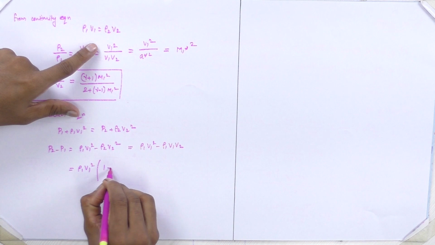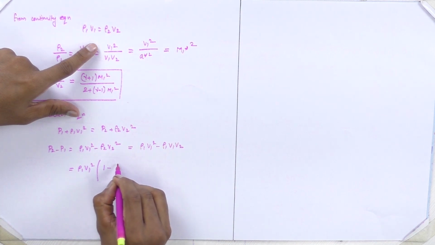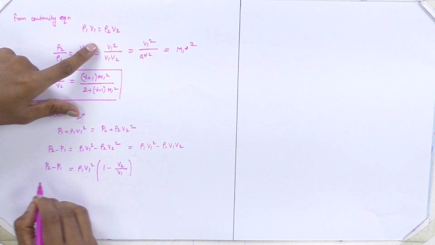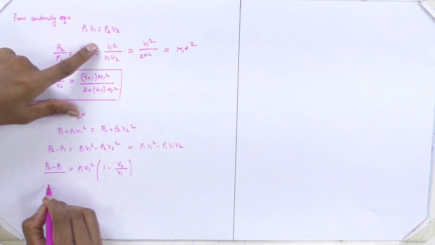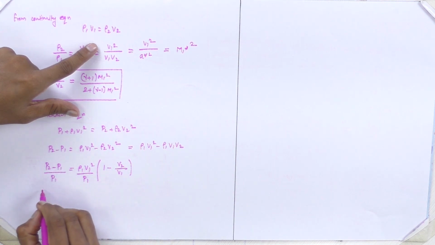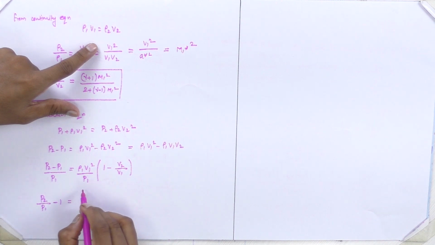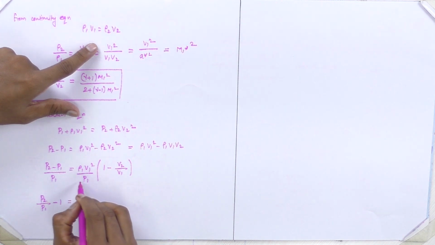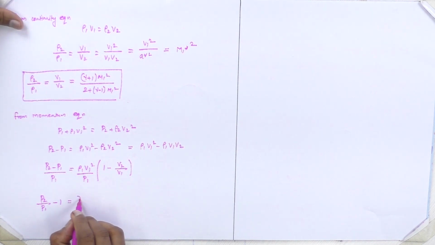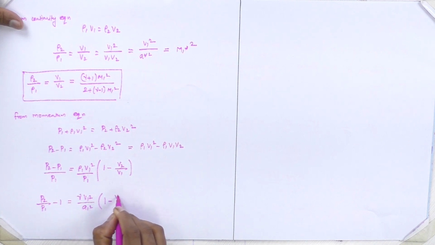So 1 minus V2 by V1 is equal to P2 minus P1. To get the fractions, I am going to divide this term by P1 on both sides. Now I can say P2 by P1 minus 1 is equal to, from the speed of sound relation, I can replace P1 by rho as gamma V1 square divided by A1 square into 1 minus V2 by V1.